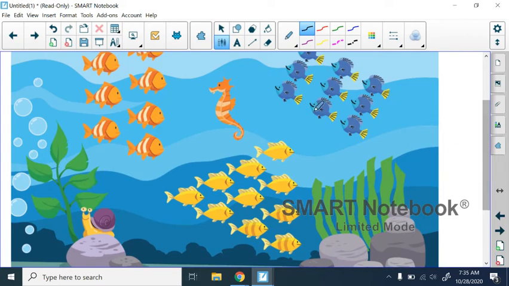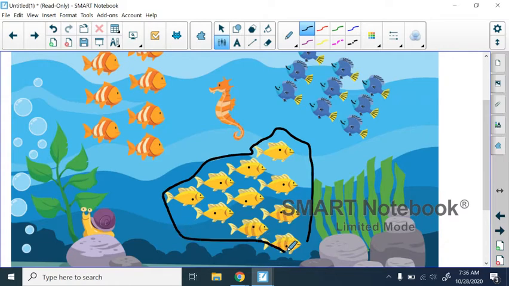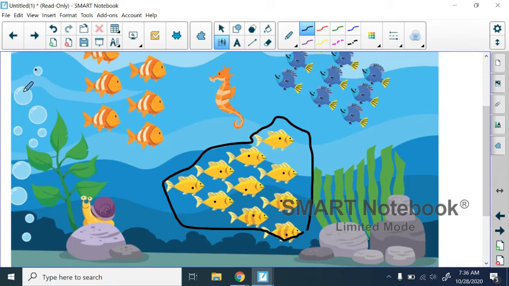Let's take a look at some of those groups. There are 1, 2, 3, 4, 5, 6, 7, 8, 9, 10 yellow fish. And there's also 1, 2, 3, 4, 5, 6, 7, 8, 9, 10 bubbles. So some of the groups have the same amount of objects.